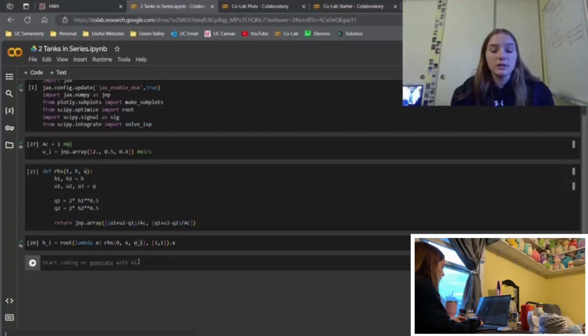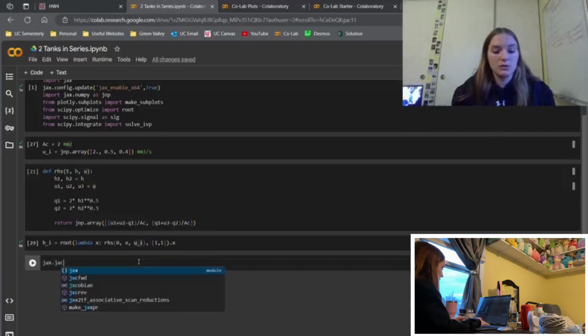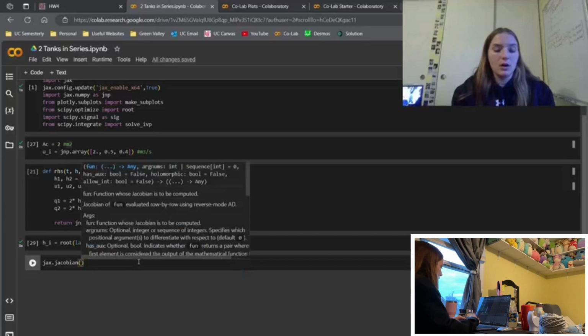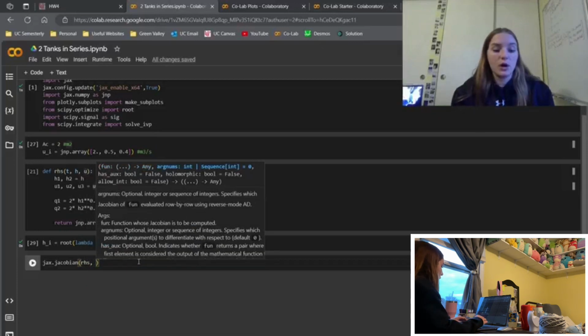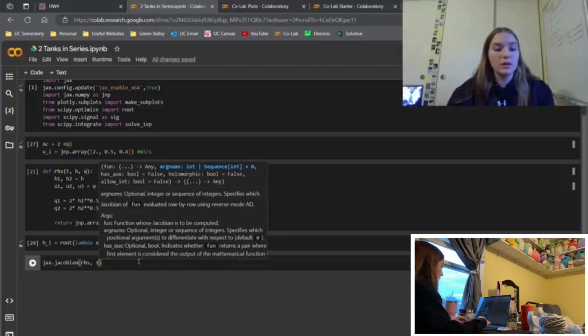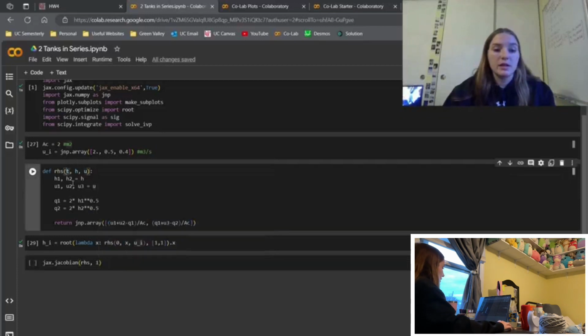Okay, so now we are going to use Jacobian to evaluate the partial derivatives with respect to h1 and h2. So we're going to do Jacobian of our right-hand side with respect to our height values, so we need to type 1. So Python indexing, our t is in our 0 position, our height is in our first position, and u is in our second position.